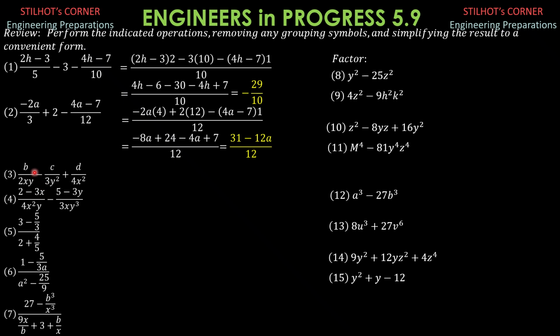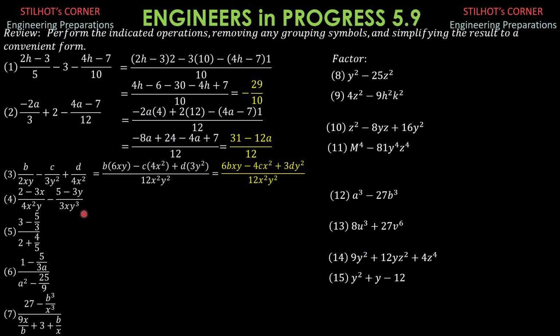So this would be b times 6xy, since 12x squared y squared divided by 2xy is 6xy, minus c times 4x squared, then plus d times 3y squared, all over 12x squared y squared. So simplifying, the answer is 6bxy minus 4cx squared plus 3dy squared all over 12x squared y squared.